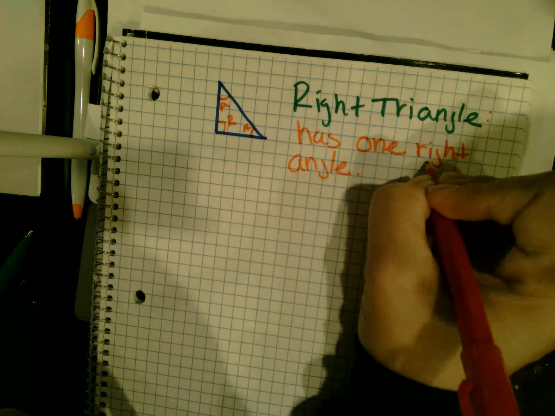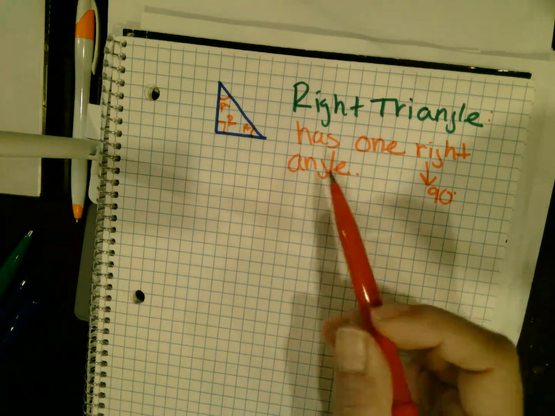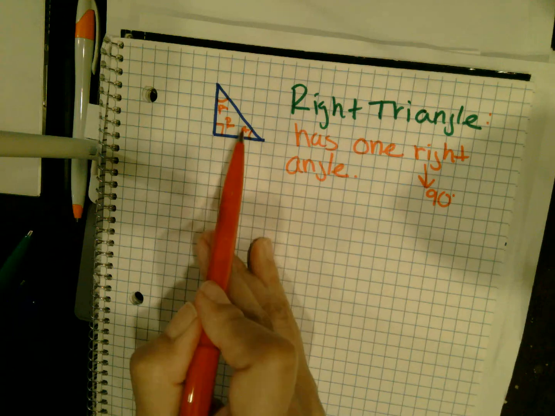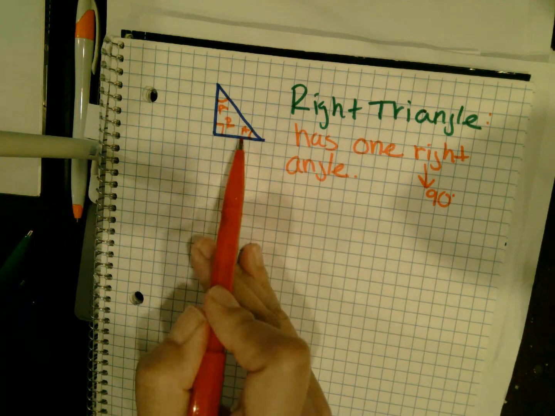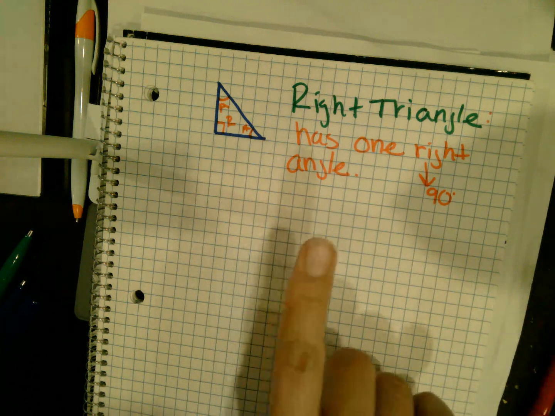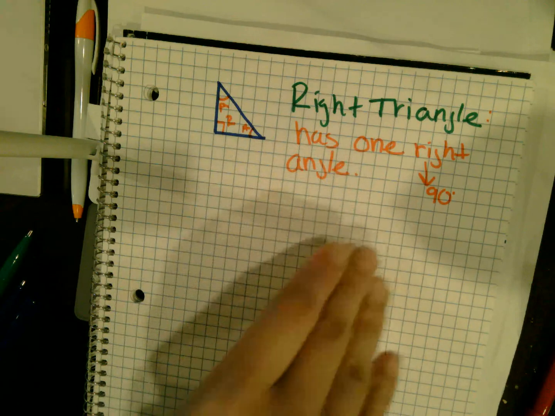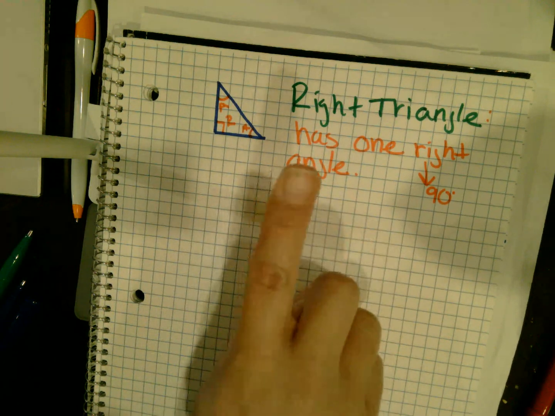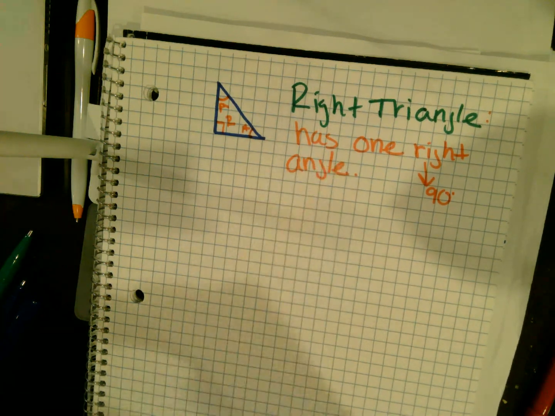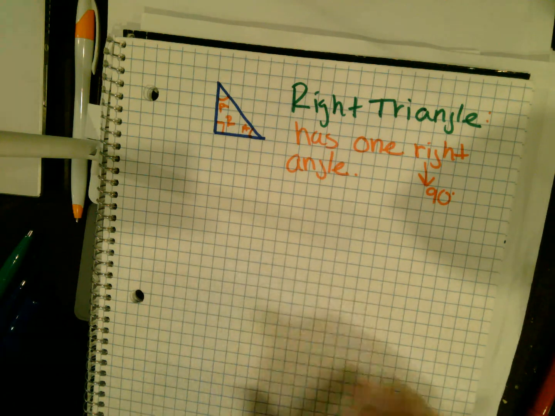And what's a right angle? It measures exactly 90 degrees. So it has one right angle, and then two acute angles. So kind of similar to the obtuse, it just needs one. And if it has one right angle, the whole thing is called a right triangle, okay? Just needs one. In order to be an acute, all three of them have to be acute, okay?